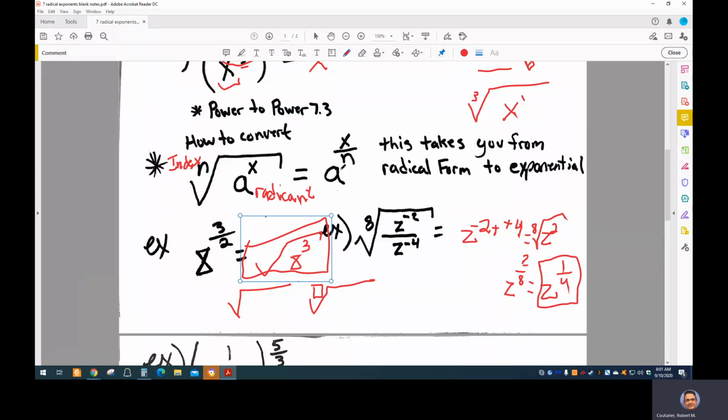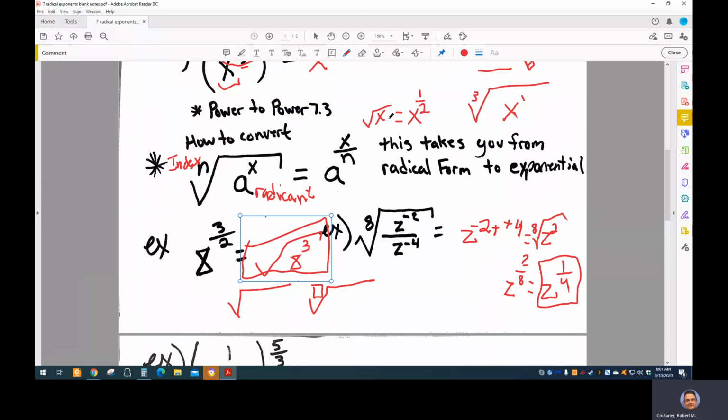Another way that I help memorize this is, think of this, the square root of x. So this is another way we can do it, right? This here, the top piece is your 1. The 2 says this is a square root.